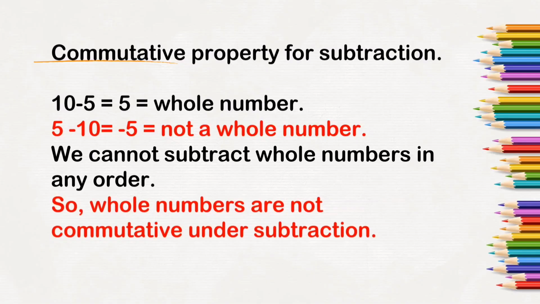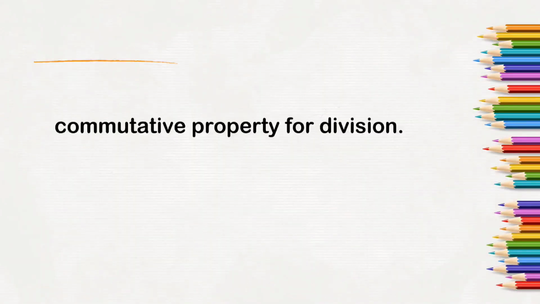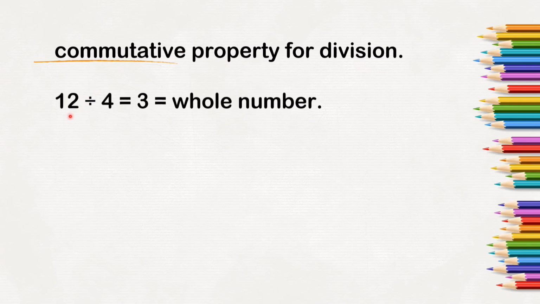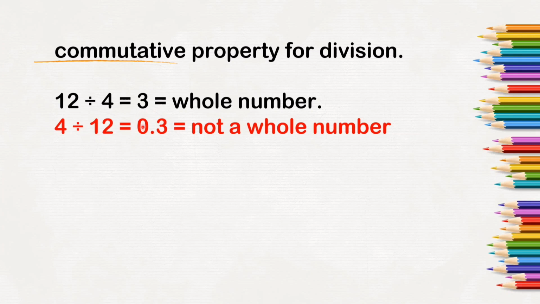Look at one more property, for division. 12 divided by 4 is equal to 3. Now, what if we interchange? What is 4 divided by 12? 4 divided by 12 is 0.3, or 3 by 10, which is not equal to 3. So, it's not a whole number either.